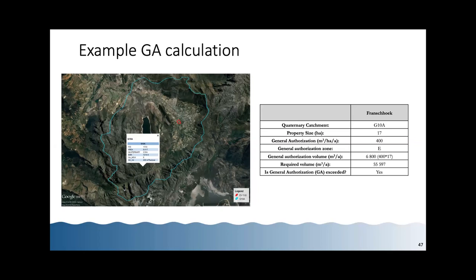Therefore, if your property size is 17 hectares, if you multiply 17 by 400, you get 6,800, which means you can use 6,800 cubes per annum with a GA registration. Therefore, if you use less than that, you do not need to apply for a WULA. In this case, the farmer wanted to use 55,000 cubes per annum, and therefore he needed to apply for a water use license.